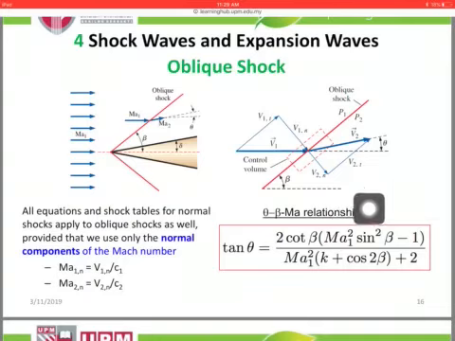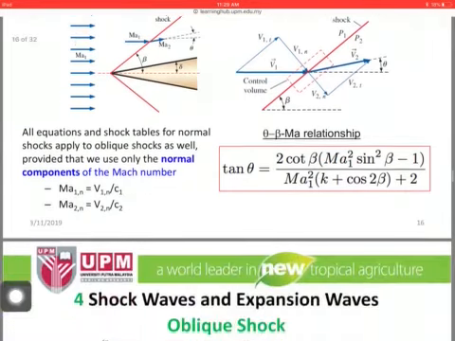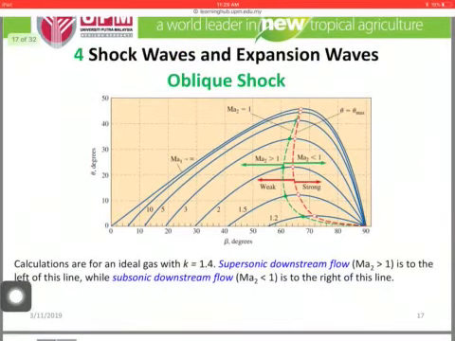So this is the formula that we can use to find theta, according to the angle beta and the initial Mach number. So we can get this formula. And this is the formula for the speed of sound to convert velocity to Mach number.